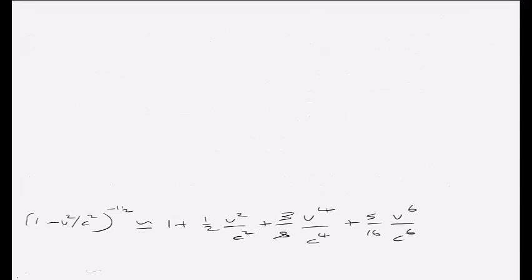And remember earlier that we showed that the kinetic energy is given by mc² [(1 - v²/c²)^(-1/2) - 1]. And so we need to substitute the expansion into this equation.